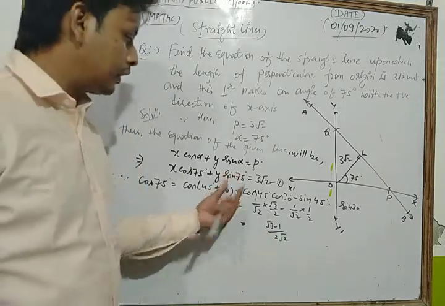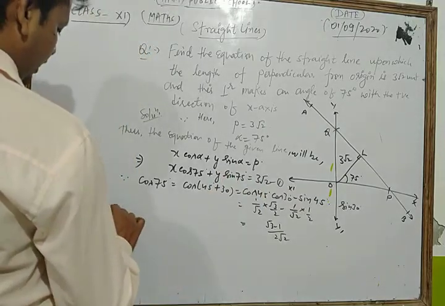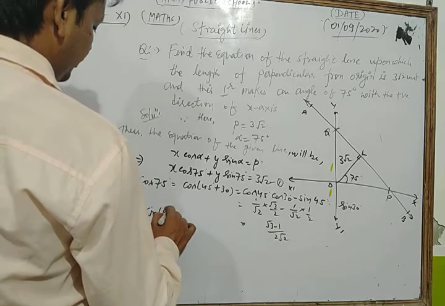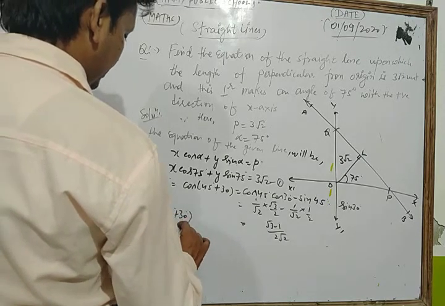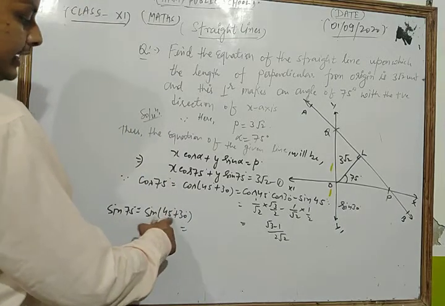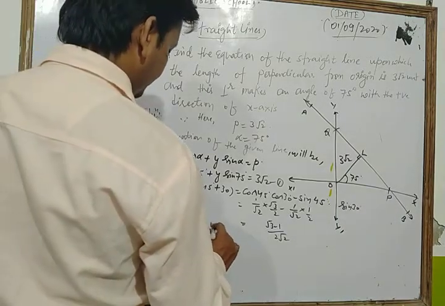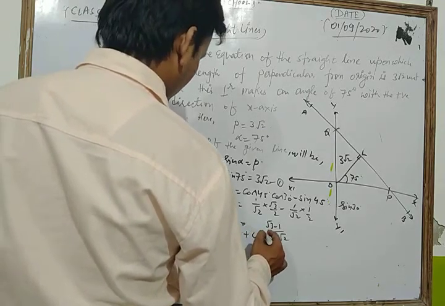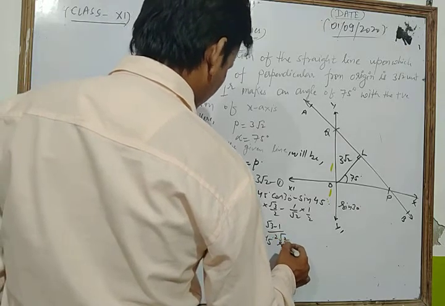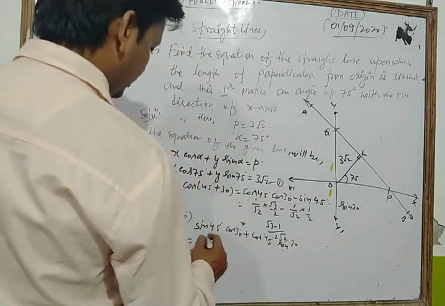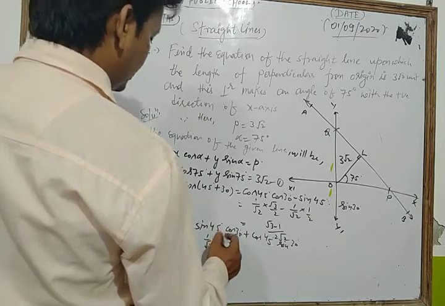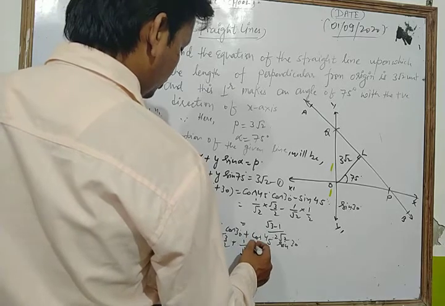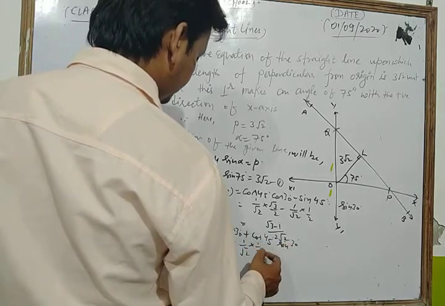Similarly, we find the value of sin 75. We write sin 75 as sin of 45 plus 30 and apply the formula for sin A plus B, which is sin A cos B plus cos A sin B. Now what do I get? 1 upon root 2 into the value of cos 30, root 3 by 2, plus the value of cos 45, 1 upon root 2, into the value of sin 30, 1 upon 2.